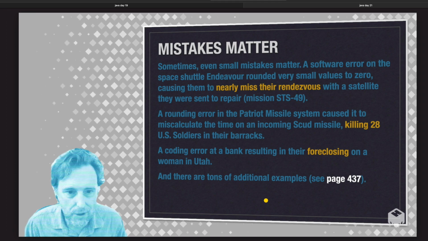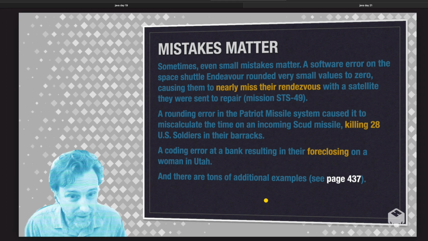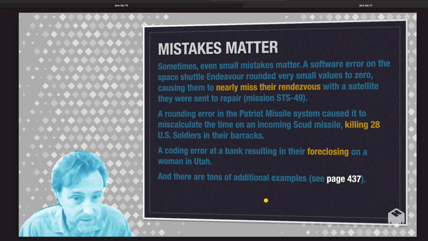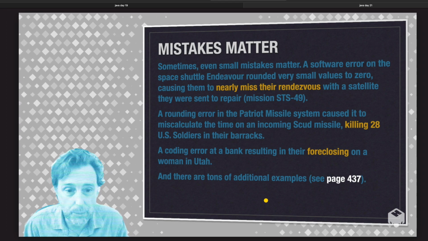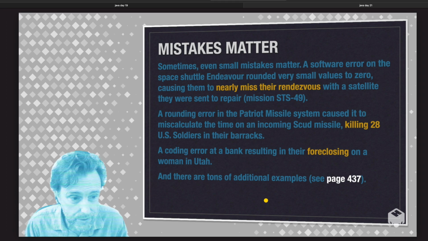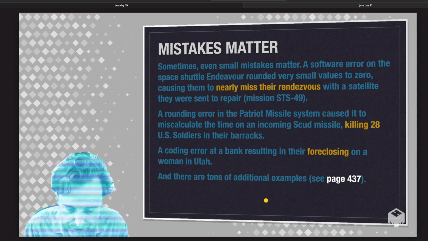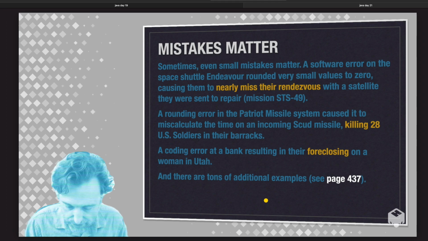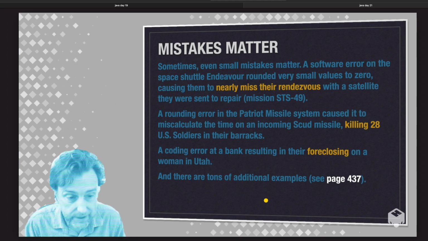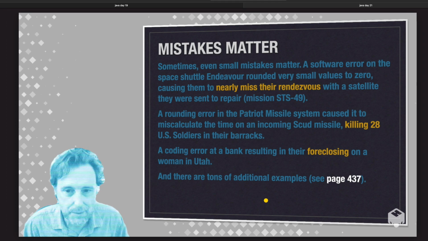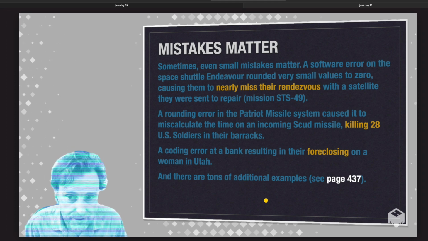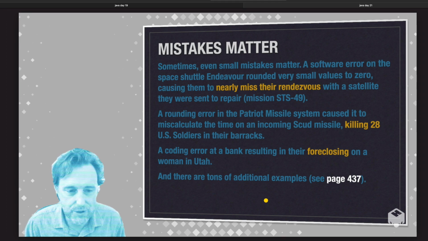Because of a software glitch, a number glitch, a rounding error in the Patriot missile system caused it to miscalculate the time on an incoming missile, which then hit the Marine base and killed 28 soldiers. I mean, obviously you would say it was the missile's fault, but there is some culpability in that there was a software error in the Patriot missile system that did cause it to miscalculate and miss the incoming missile, which it should have hit.